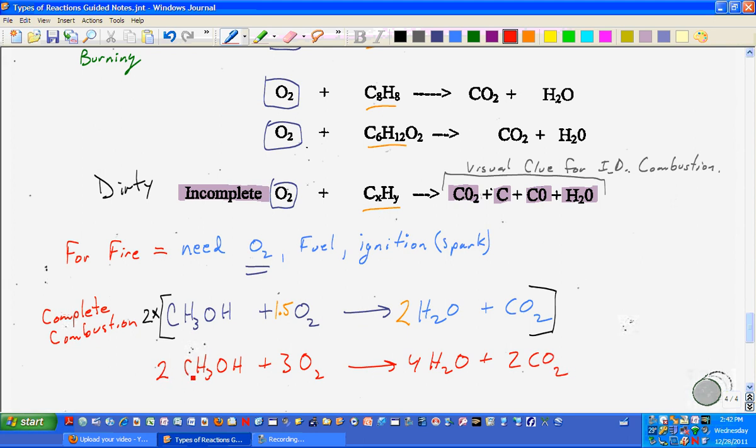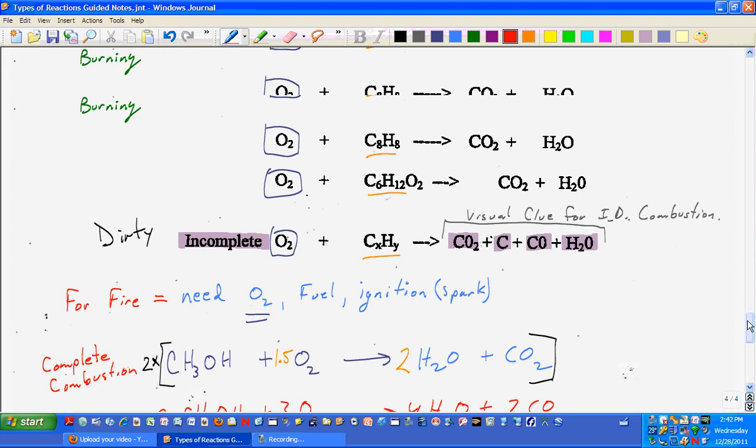Let's double check this. 2 carbons, 2 times 1 is 2 carbons. 8 hydrogens, 4 times 2 is 8 hydrogens. I've got 3 times 2 is 6, plus another 2 is 8 oxygens. Over here, 4 plus another 4 oxygens, and it's balanced.